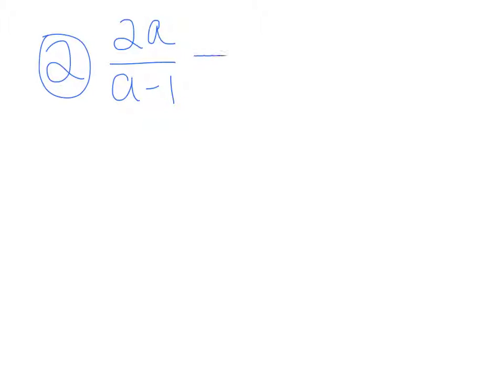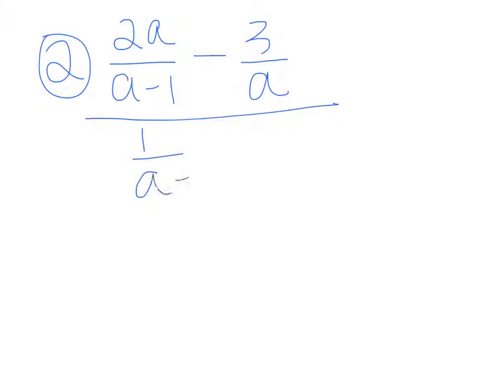Example number 2 is going to look like this. 2a over a minus 1 minus 3 over a, all over 1 over a minus 1 plus 2 over a.